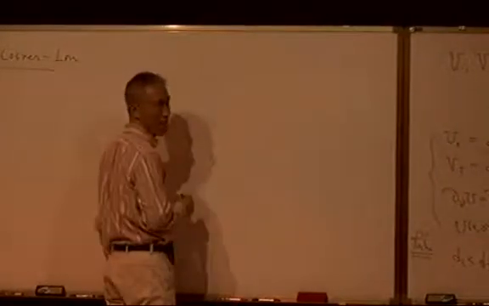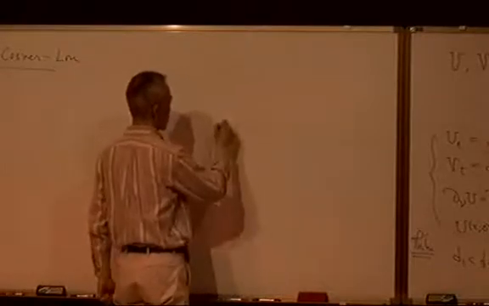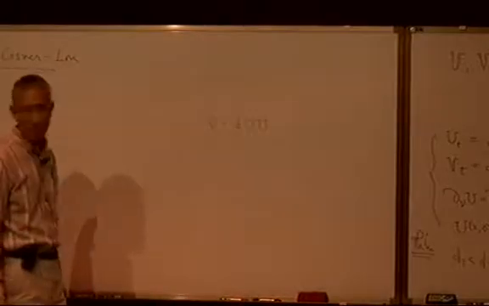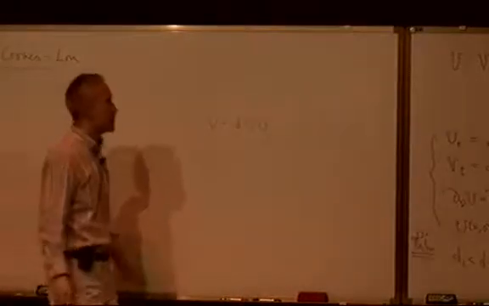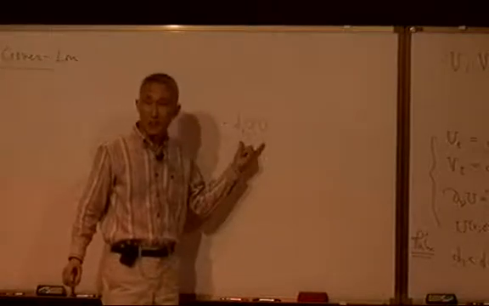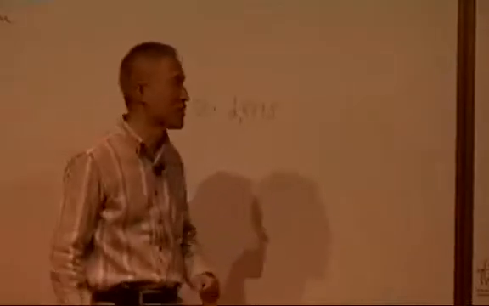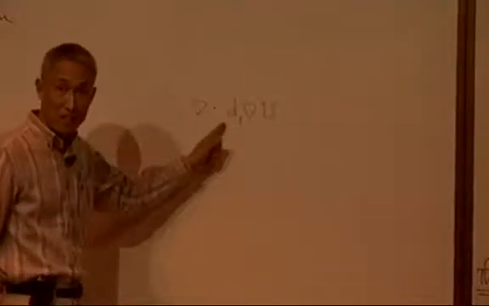Cantrell, Cosner, and Yuan Lou said the following. This term you can write in the following form: divergence of D1 gradient. If you write it in this form, it shows where the equation comes from, this is the flux, or the negative of the flux anyway.